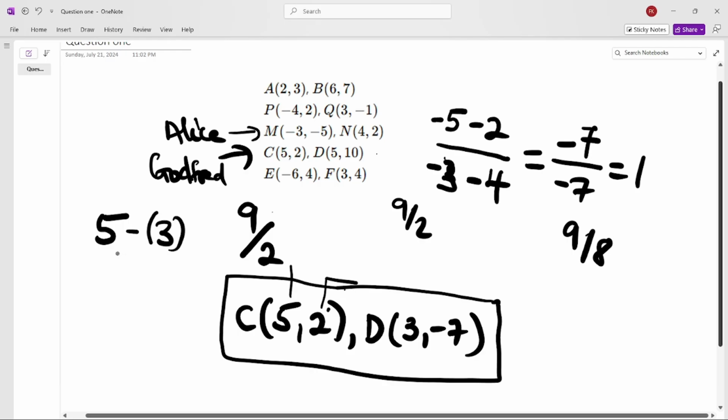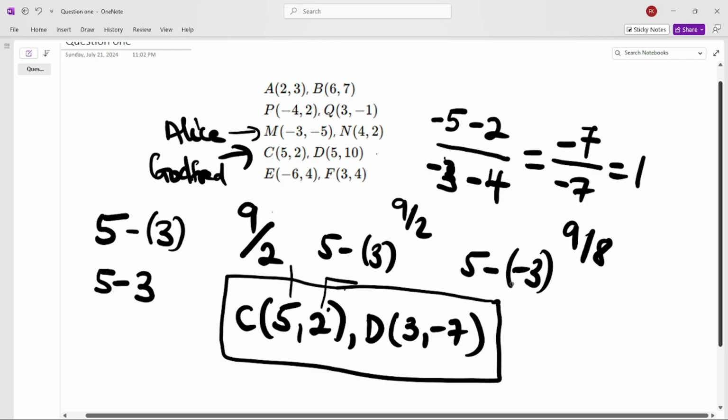That would be what? Equal to 5 plus 3. No, this is not equal to 5 plus 3. You are confusing it, and I know why. It is 5 minus just normal 3. It is not the same as 5 minus bracket negative 3. They are different things.